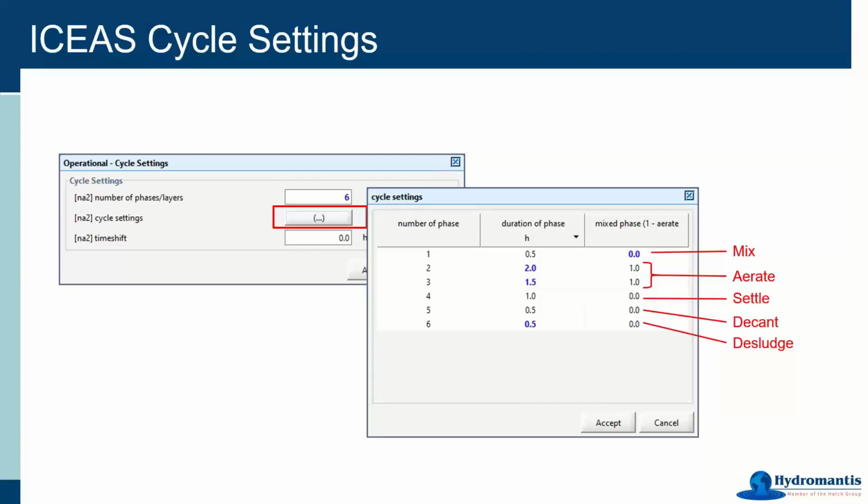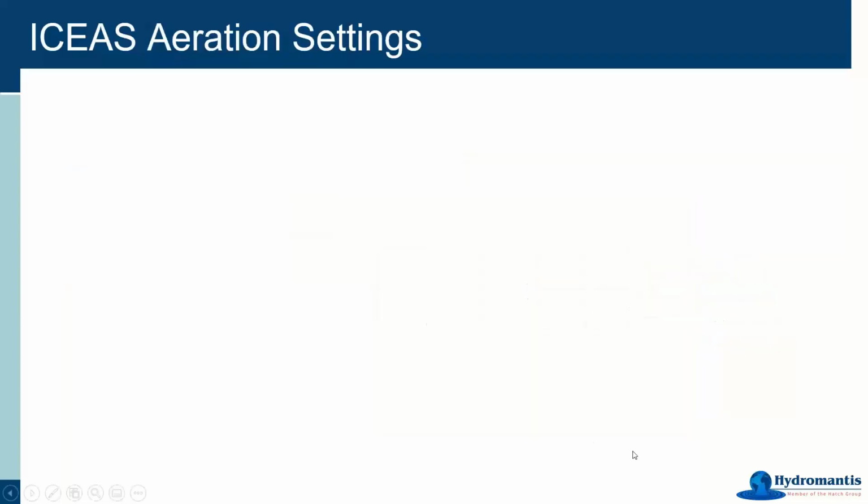Because we set it to be mixed in both of these aeration phases, we can make sure that every time you're saying that something is aerated, you have this set to 1, meaning we want to model it as if it's a completely mixed reactor. So this is filling here at the beginning, moving on, doing the decanting and desludging and whatnot.